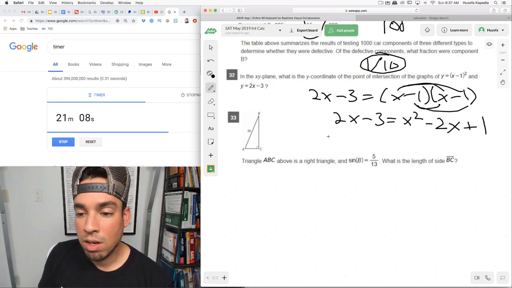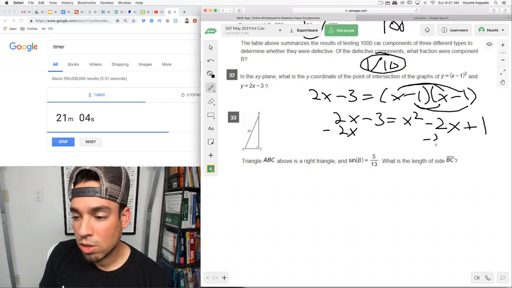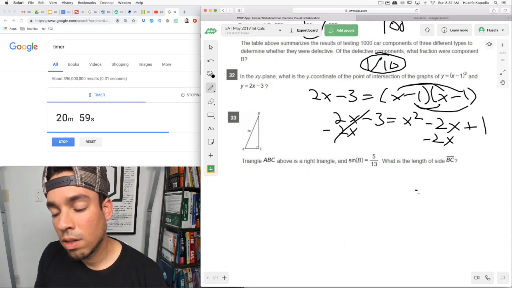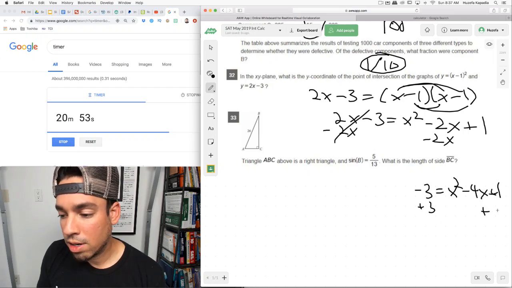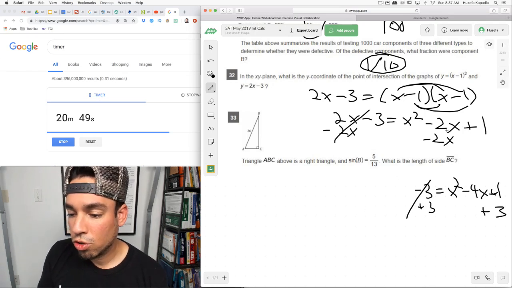All right. Now let's set everything. We got a quadratic. Let's set everything equal to 0. Subtract 2x, subtract 2x. And we get -3 equals x squared minus 4x plus 1. And then add 3, add 3. I'm going to use the space for this one. I have no choice, really.